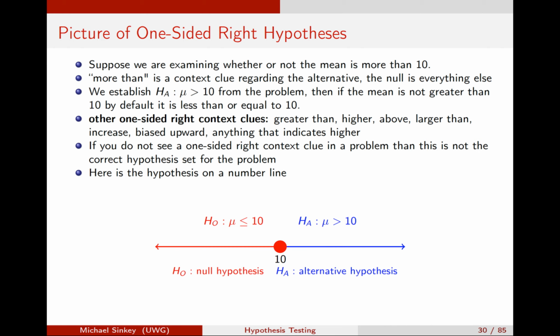That language is telling me the specific direction of the alternative hypothesis, and it's telling me that the picture I'm making, the number may change, but I will have something blue to the right of the number, and that's the alternative. And if it's not in the alternative, it's in the null. So if I do not see these context clues, then I do not have a one-sided right hypothesis. And one-sided right, just to be clear, is about the alternative.